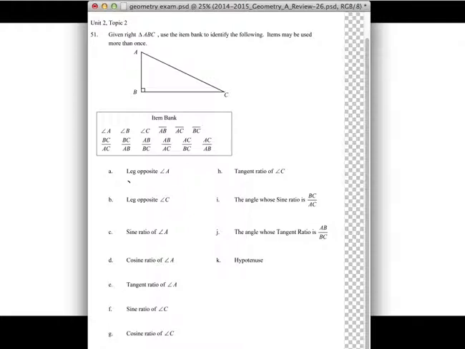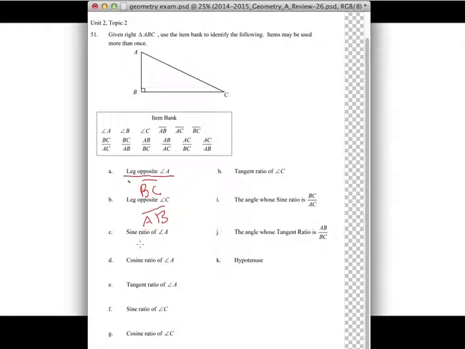So the leg opposite to angle A is BC. It's far away from it. So we're going to write down BC, and we're going to make a bar here. Now, opposite to C is going to be AB. Opposite is far away.